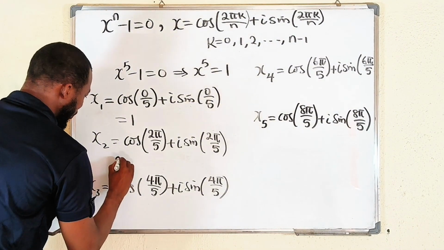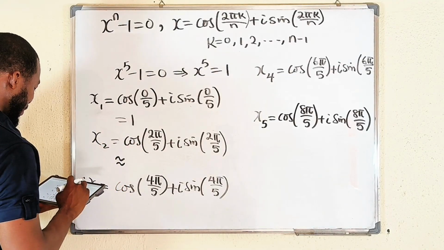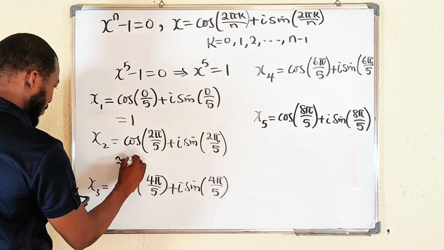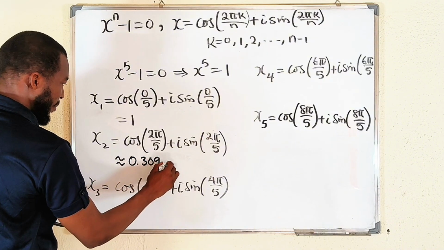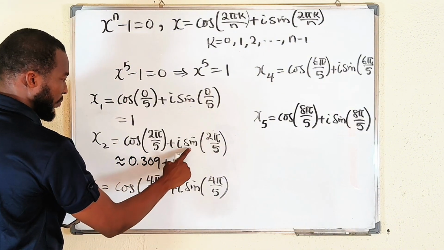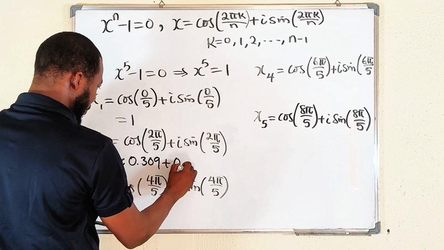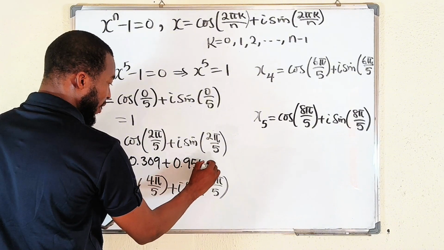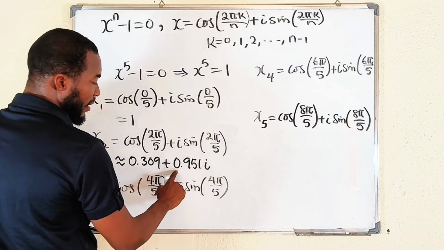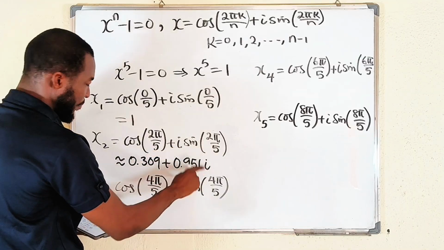This is approximately equal to cosine of 2 pi over 5, which is 0.309 in 3 decimal places, plus this one is 0.951. Then don't forget you still have I. 0.951 is sine of 2 pi over 5, then times I.